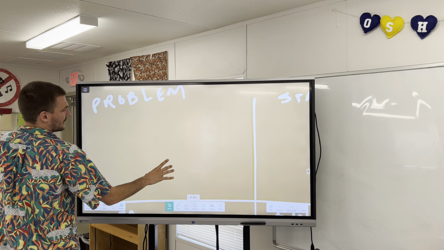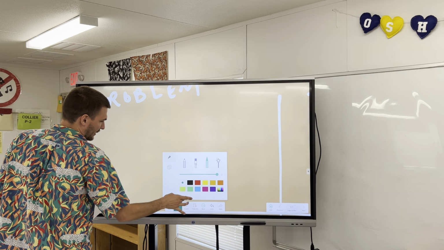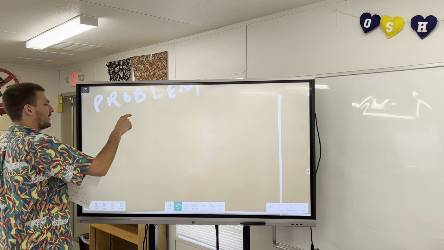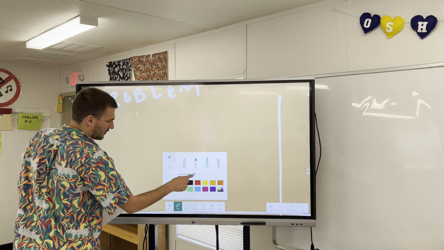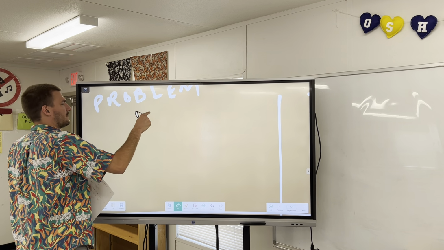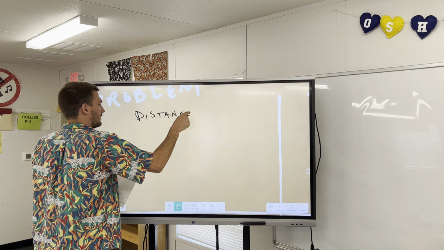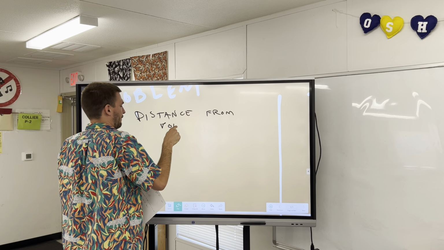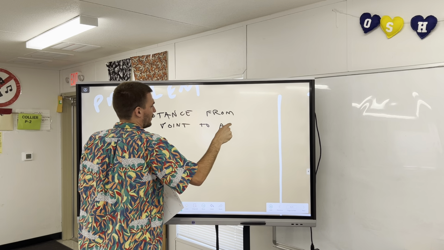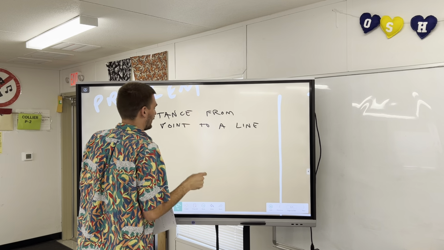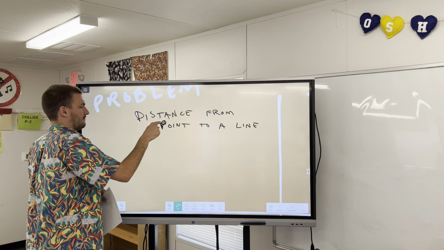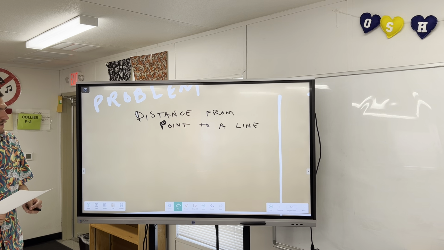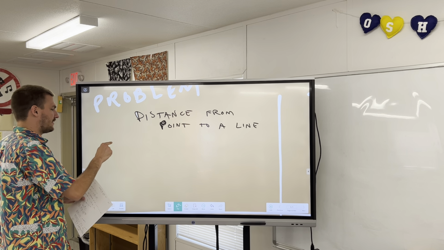All right, today's problem that we're gonna look at, obviously we're in vectors, is the distance from a point to a line. And so we're gonna need a point and we're gonna need a line.